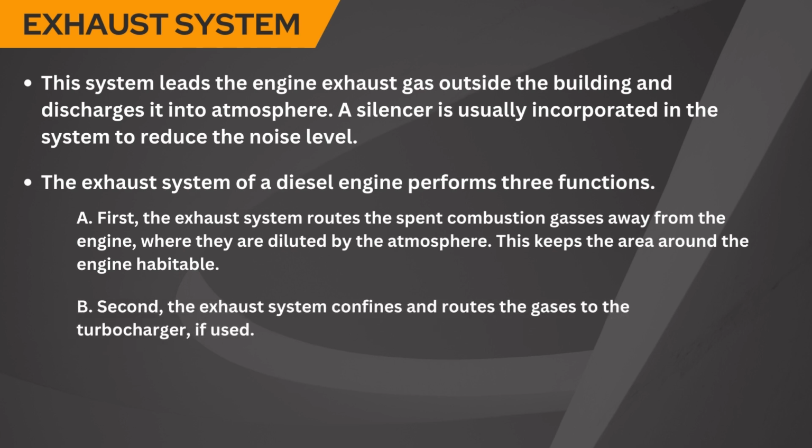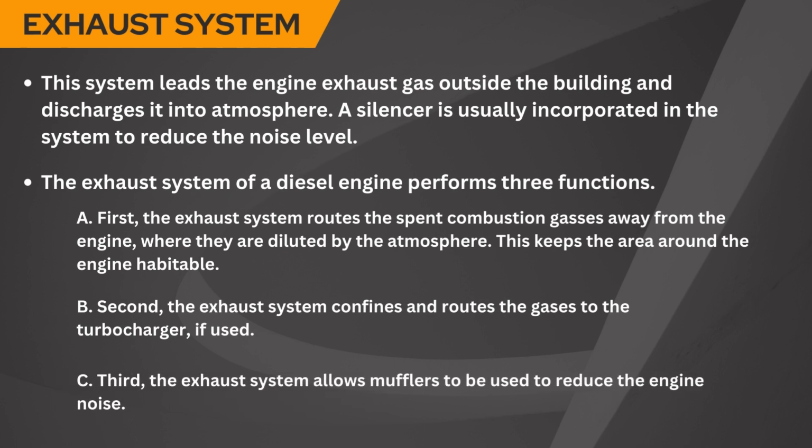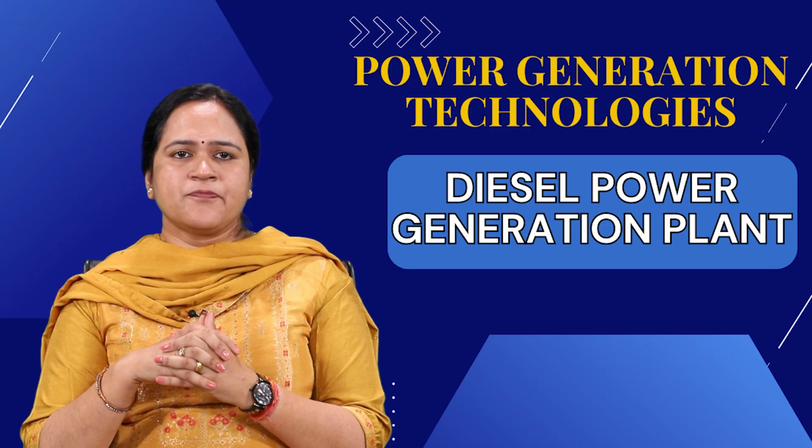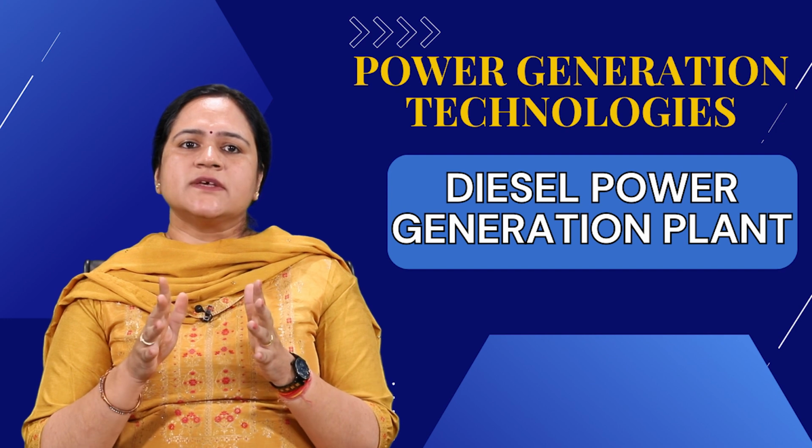Then second thing is the exhaust system confines and routes the gases to the turbocharger if we are using turbocharger in our power plant or DG set, etc. Then the third thing is this exhaust system allows mufflers, etc., so that the noise of the engine could be reduced. Now comes the cooling system.